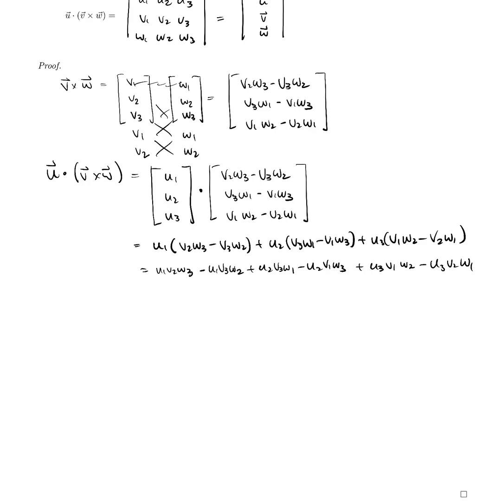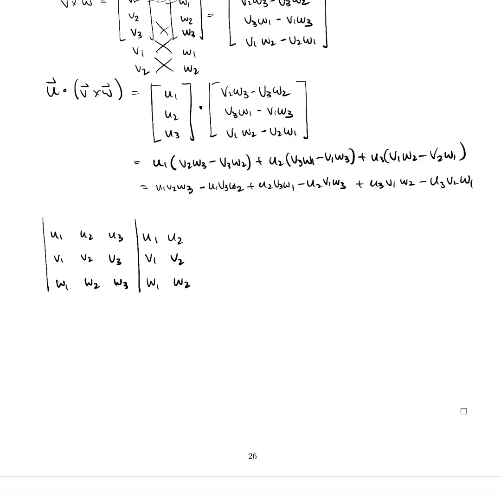Now let's calculate the determinant of this matrix, and we're going to do this using Sarrus's rule. So u1, u2, u3, v1, v2, v3, w1, w2, w3. We copy the first two columns, so u1, v1, w1, u2, v2, w2. And then we'll do our triple diagonal products.